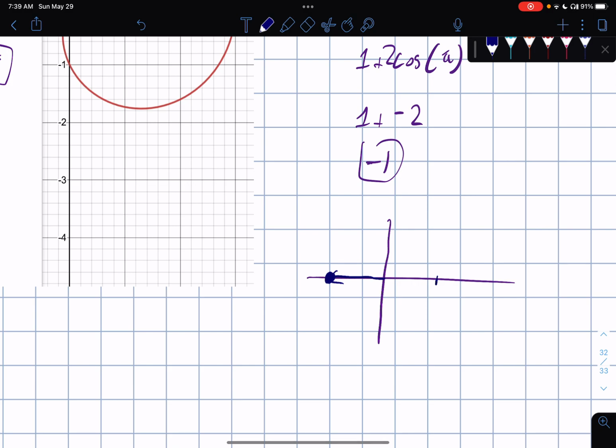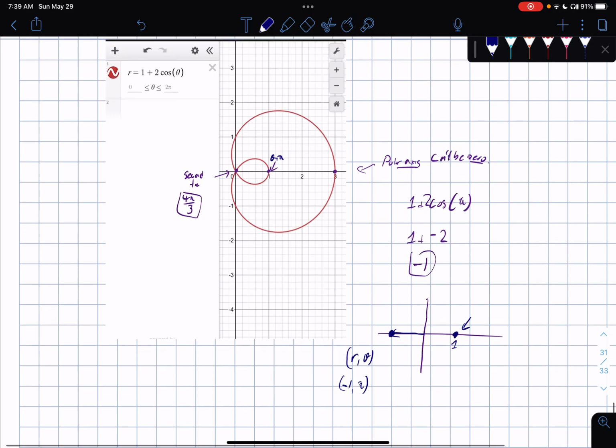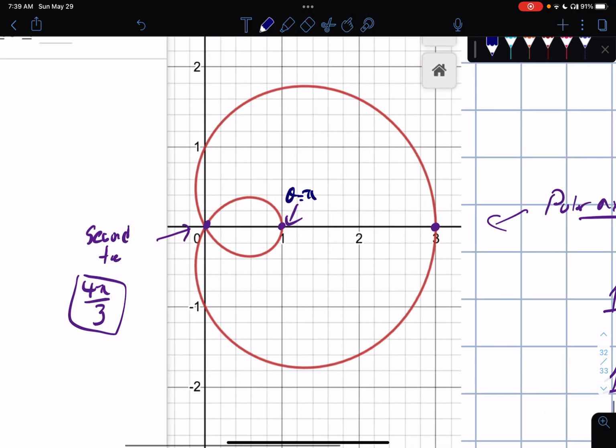So in reality, the polar coordinate negative 1 comma pi is actually here. So theta is equal to pi here. Alright, so we want to neglect this area, and we know that's from pi to 4 pi over 3.